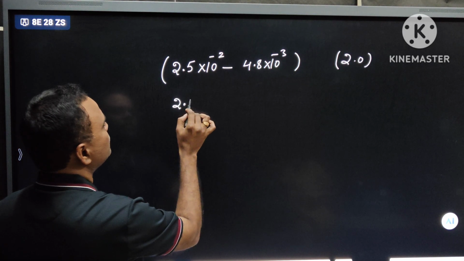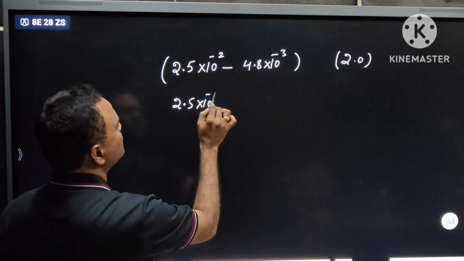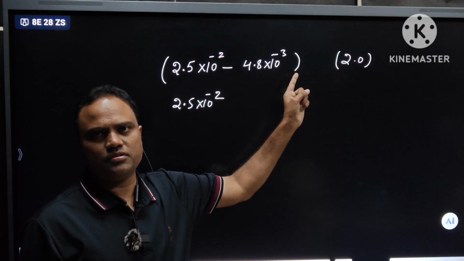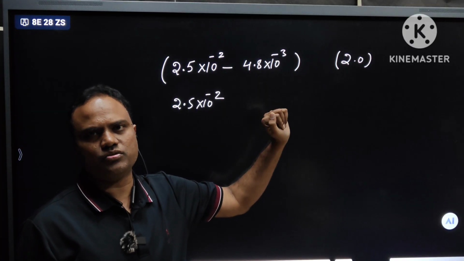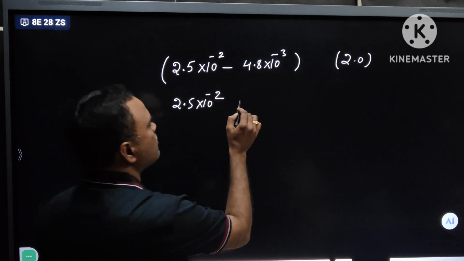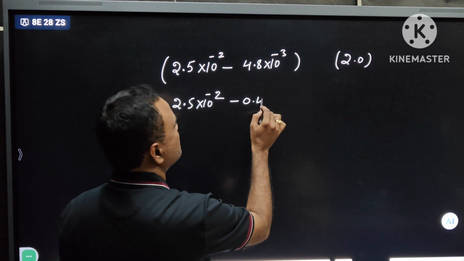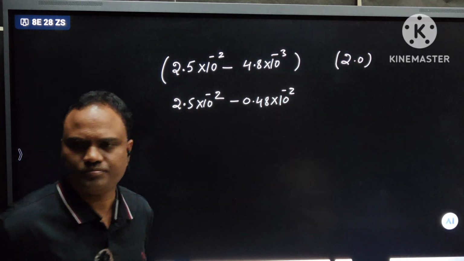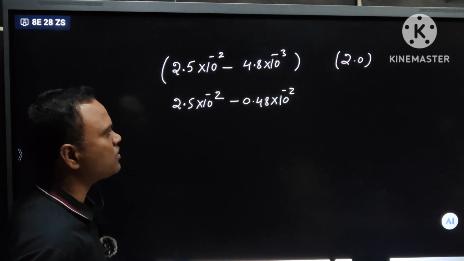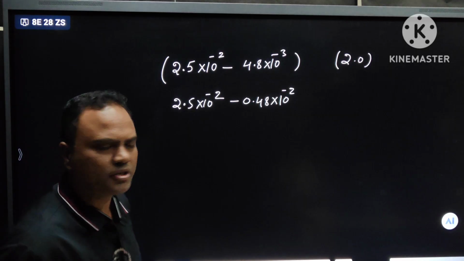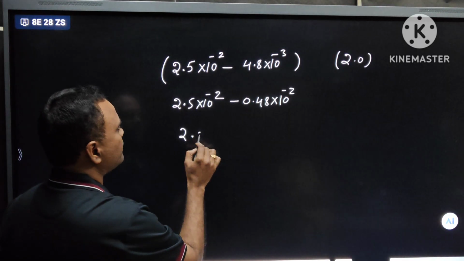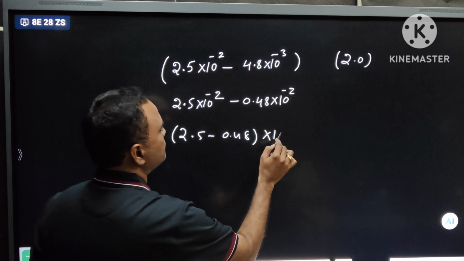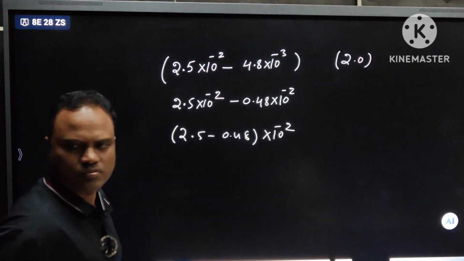2.5 into 10 to the power of minus 2. Here the exponent is different, minus 3. So convert it to minus 2. How can we convert? Okay, like this. Now what is common? 10 power minus 3 is common. 2.5 minus 0.48 into 10 power minus 2.